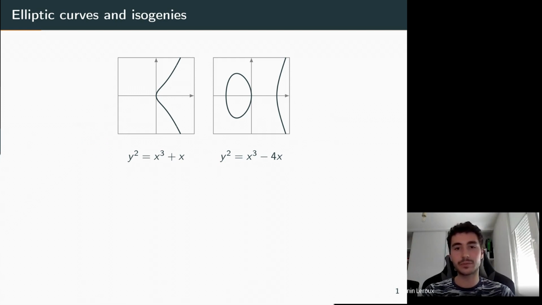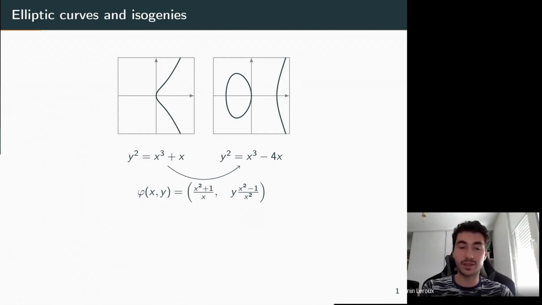So the starting point for us are elliptic curves that are defined by equations of the types I've shown here. And isogenies are simply morphisms between them. So for elliptic curves, think about equations, and for isogenies, simply polynomials that will preserve the equation from one curve to the other. Here I gave an example.